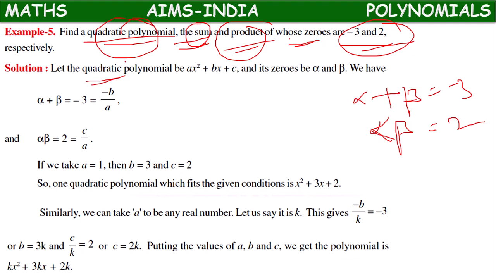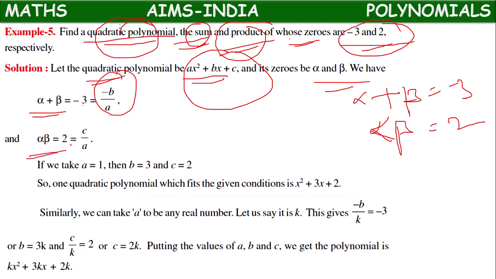Let the required quadratic polynomial be ax square plus bx plus c, whose zeros are alpha and beta. Then alpha plus beta equals minus 3, which is equal to minus b by a. Alpha beta equals 2, which is equal to c by a.